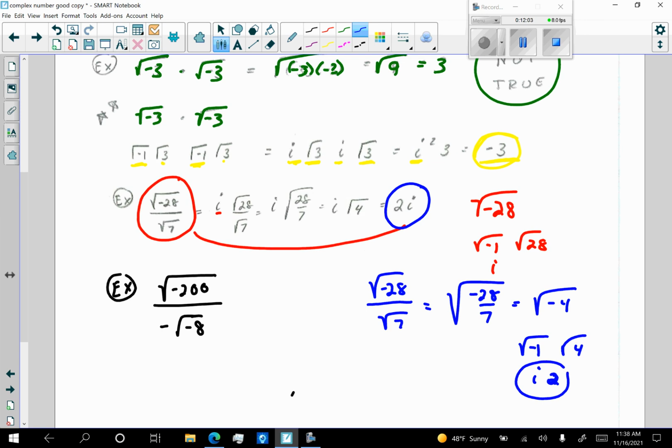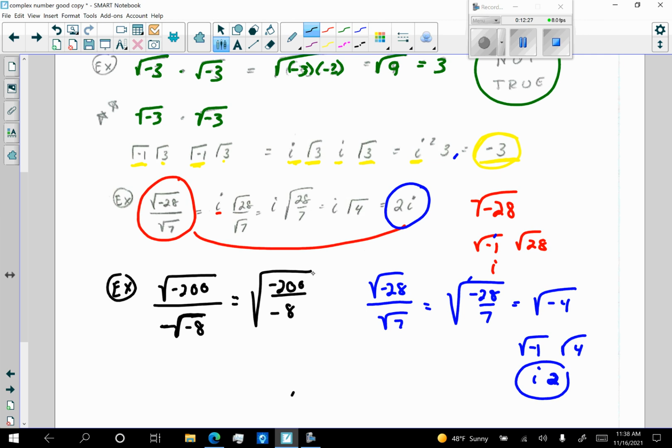So let's look at one more example before we go on to powers of i. This is going to be the square root of negative 200 over the square root of negative 8, and we have to be really careful. Does this equal the square root of negative 200 over negative 8?